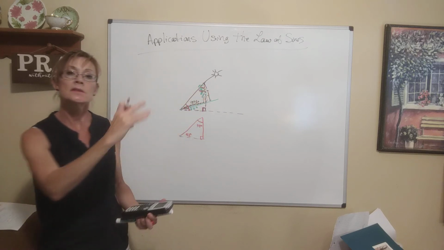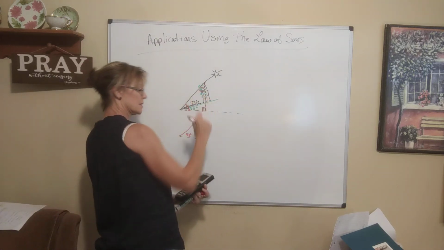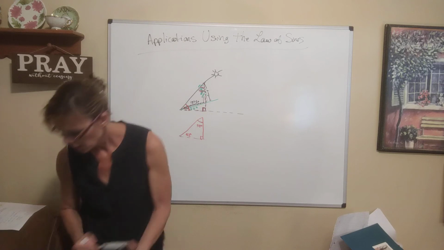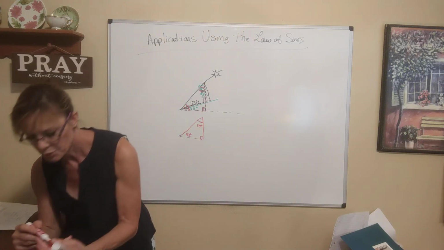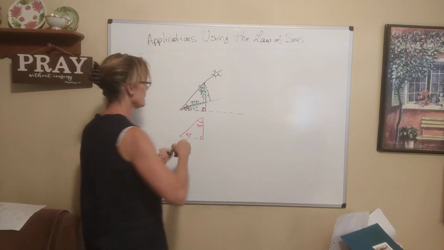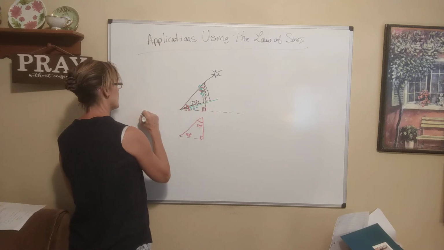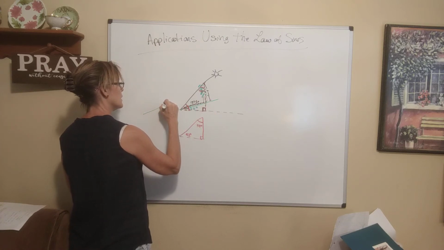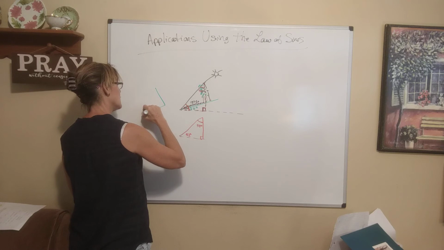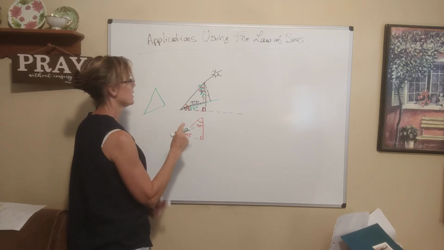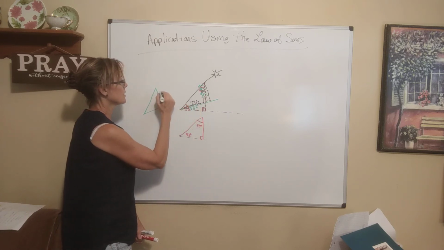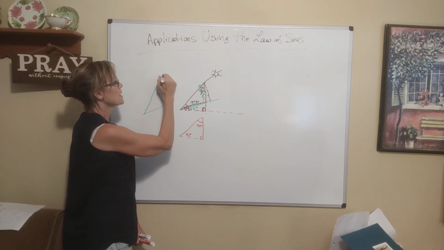So now I'm going to pull out the second triangle that we see that's on the slope. Here is the slope. Here's the second triangle that we have. Here's the slope. Here's the tree. Here's the sun up here.